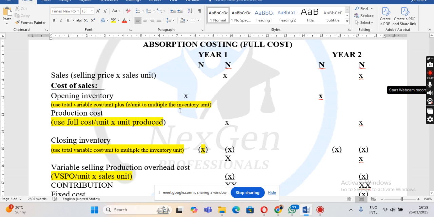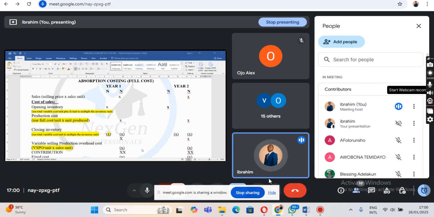Use full cost per unit to multiply your units produced. For instance, you produce 50 units.